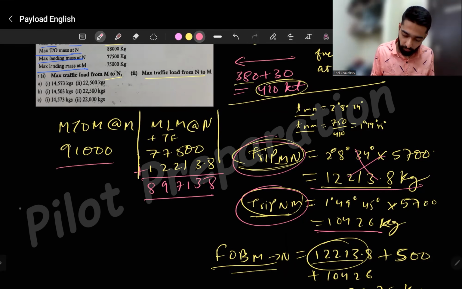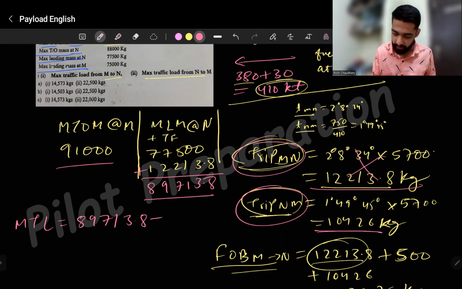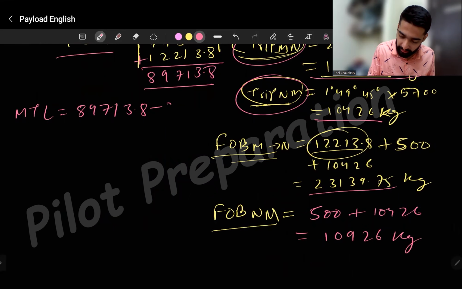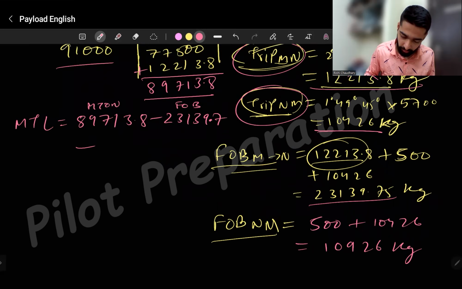So maximum traffic load will be how much? Maximum traffic load is nothing but 89713.8 minus FOB, minus fuel on board, 23139.7, minus DOM. This is MTOW minus FOB minus DOM. DOM is how much?